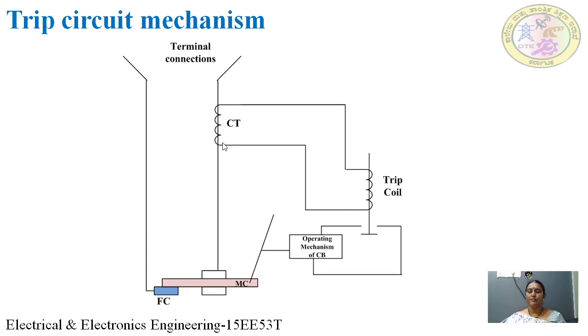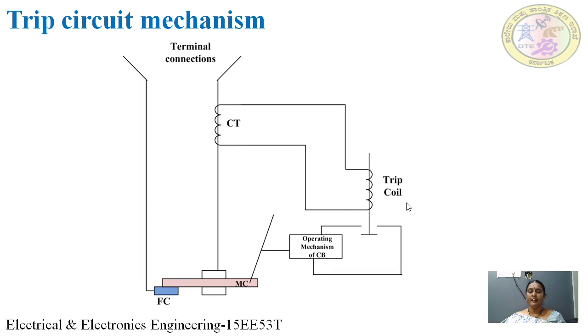Because of the large current, there is a voltage appearing across the CT secondary. That voltage is sufficient to energize the trip coil of the circuit breaker.